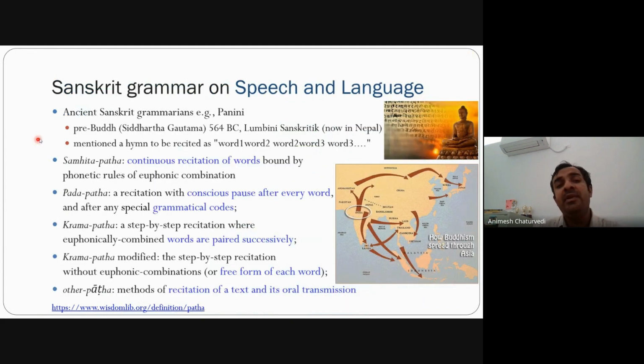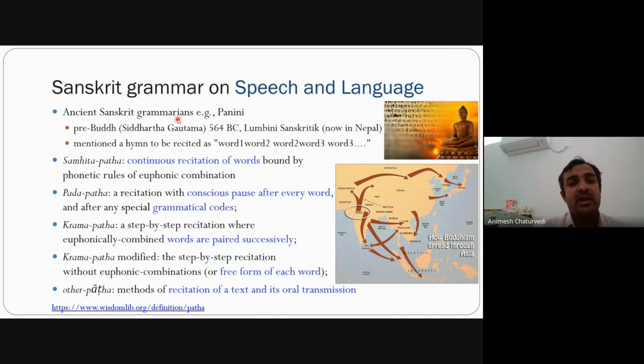And even before that, there was the well-known ancient Sanskrit grammarian Panini, whose work is still under study, and who created language and speech for the modern world. This phonetics was even from the pre-Buddha period, that is Siddhartha Gautam, who was born in 564 BC in Lumbini, which is now in Nepal.